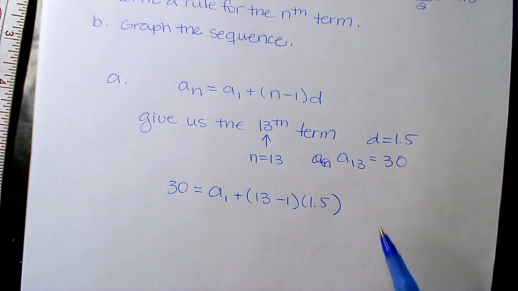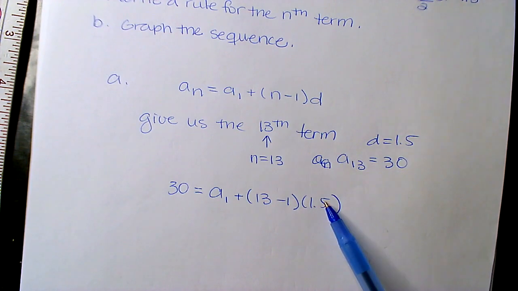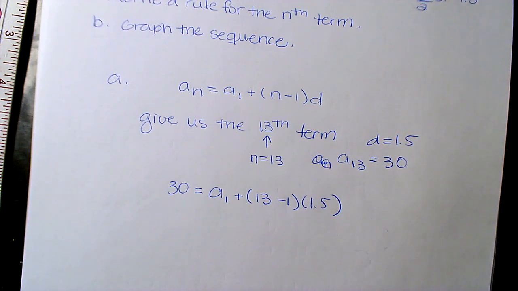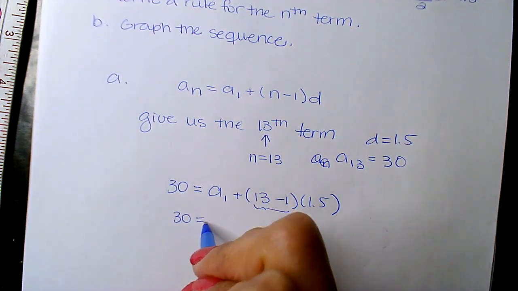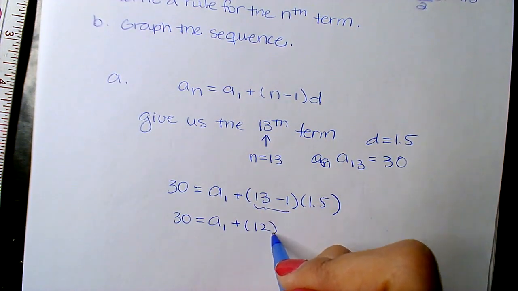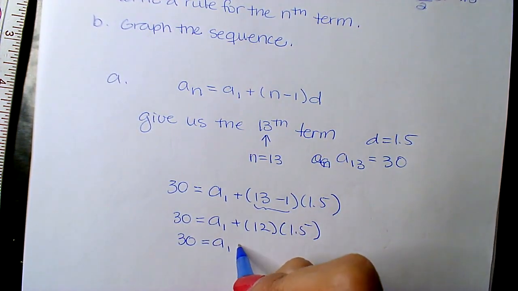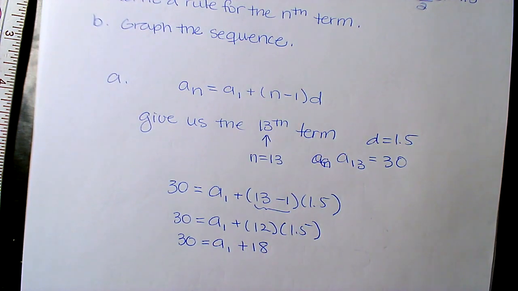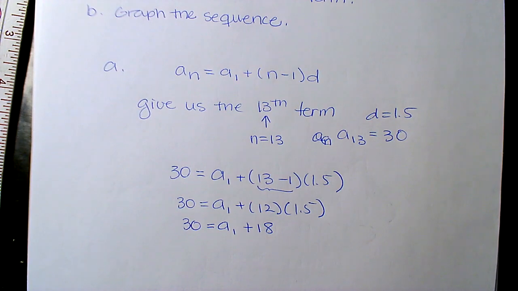And just FYI, some students will distribute this, 13 times 1.5, negative 1 times 1.5. You can go ahead and do that because you're so accustomed to distributing when you see parentheses or grouping symbols. However, I would just subtract first and get the 12. Then 12 times 1.5 is 18. And now you're just on a one-step equation. Just subtract 18 and get 12, right?